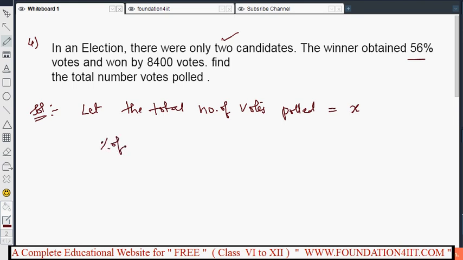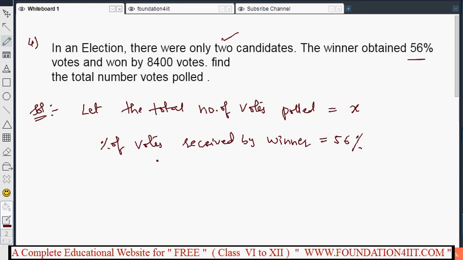So the percentage of votes received by the winner is given in the question itself, that is 56%.